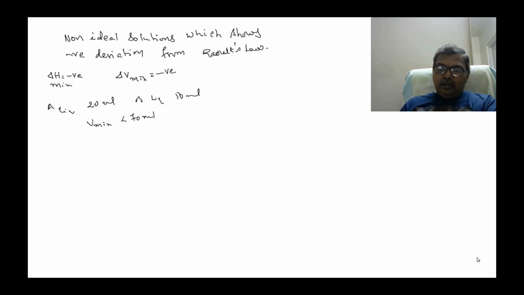So here the volume occupied by the molecules decreases. See, understand clearly. Volume occupied by molecules of A is 20 ml.